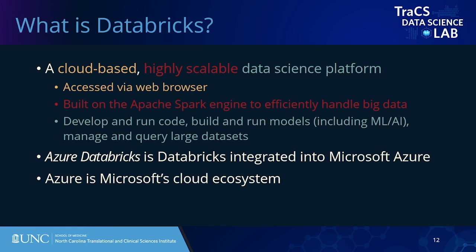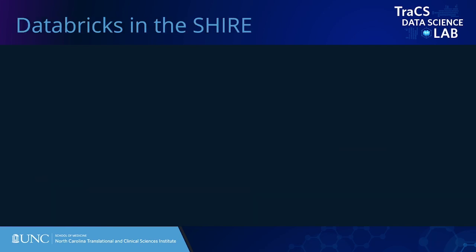So this is the Databricks platform integrated into Microsoft Azure, and Azure is Microsoft's cloud ecosystem. Databricks has also been integrated into some other cloud providers' ecosystems. So if you need to look up information about Databricks as it's implemented in the SHIRE, you'll look for Azure Databricks specifically.